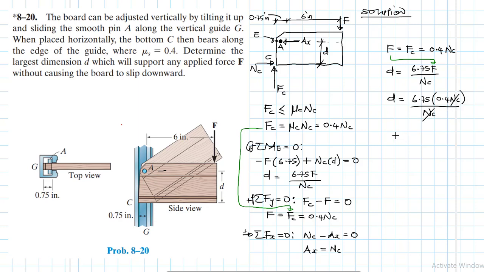NC goes, therefore we have D equal to 2.7 inches. So this is our final solution, the largest dimension D.